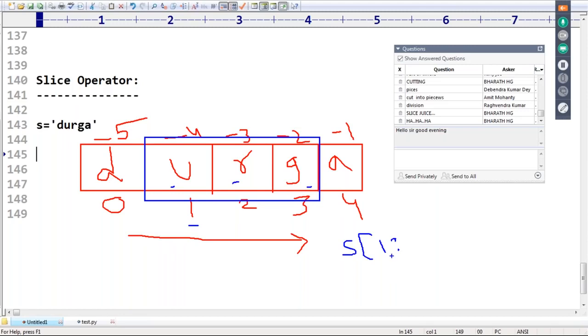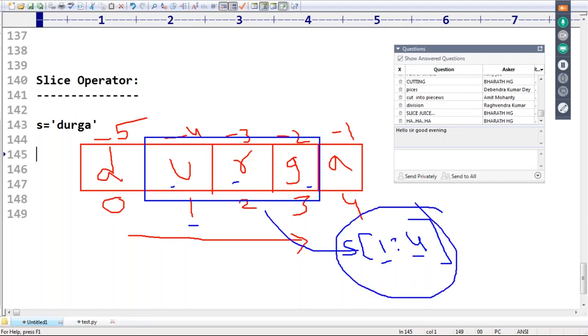Slice is always going to take n minus 1. N minus 1 means 3. So 1 to n minus 1. So if you take S of 1 comma 4, by default you are going to get the value from 1 to 4.